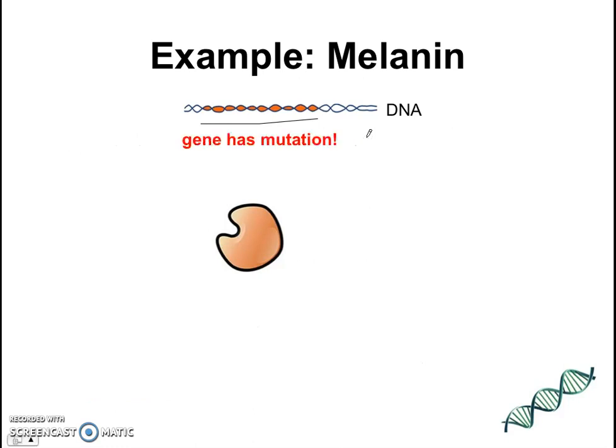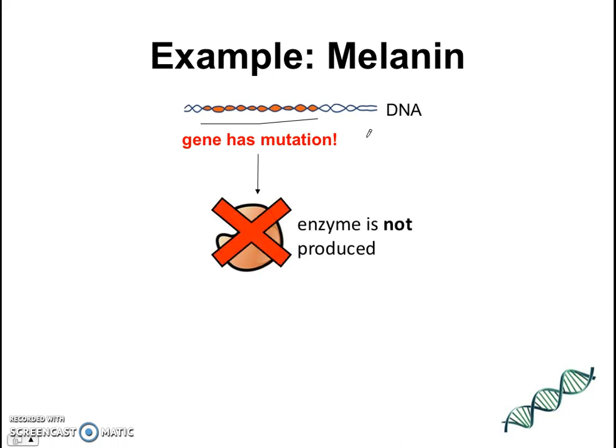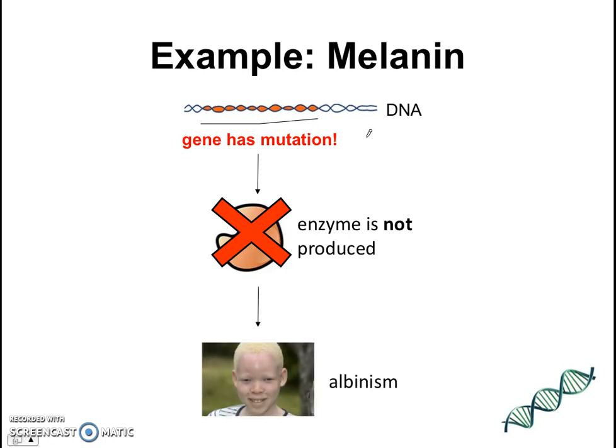However, sometimes in some people, there's a mutation in that gene. So the enzyme for melanin is no longer produced. And in such individuals, melanin is not produced, and so they become albino. So here's a really clear example of how a gene, when it's mutated, will affect the characteristics of a person.